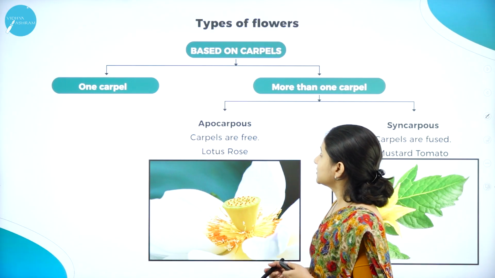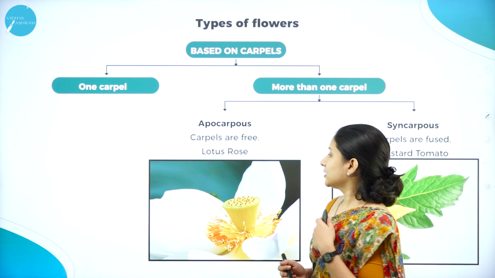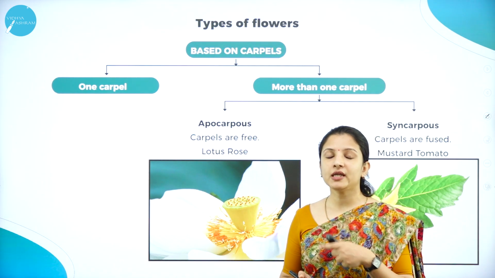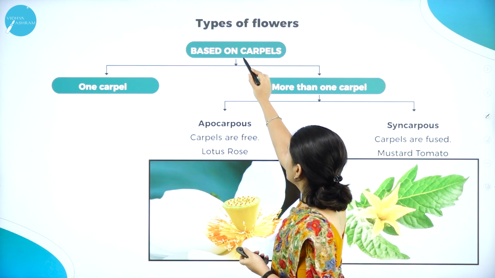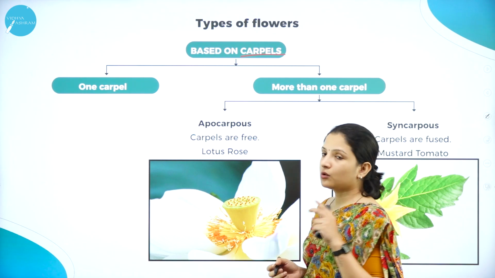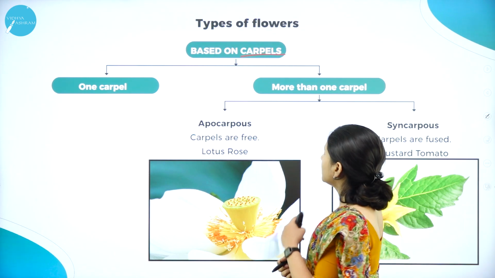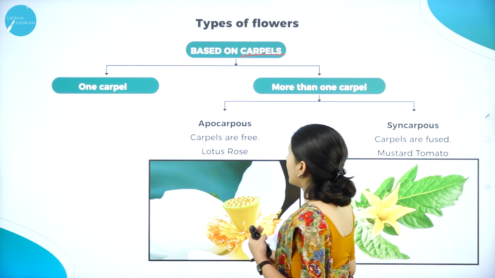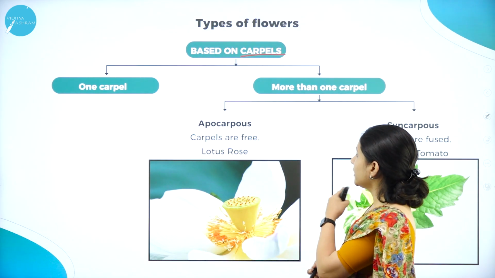Next we shall study based on how many gynoecia or how many carpels are present. The flower is divided into two types, monocarpellary and polycarpellary. So one carpel and more than one carpel.